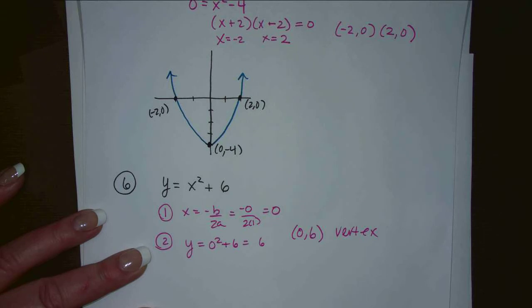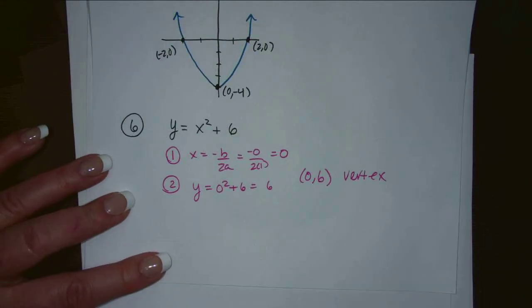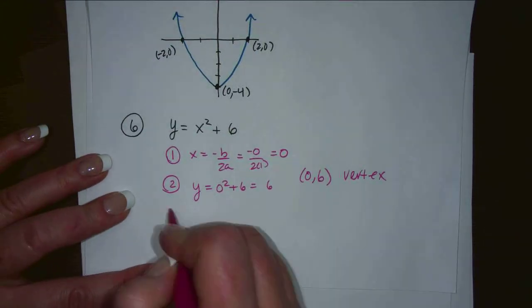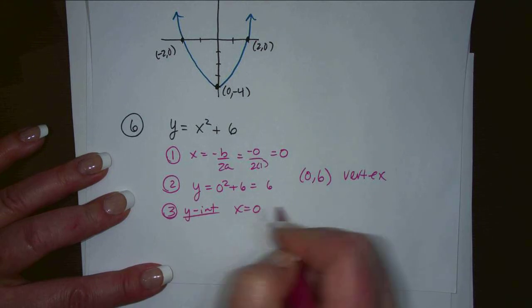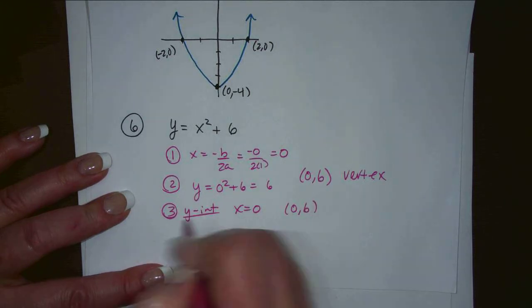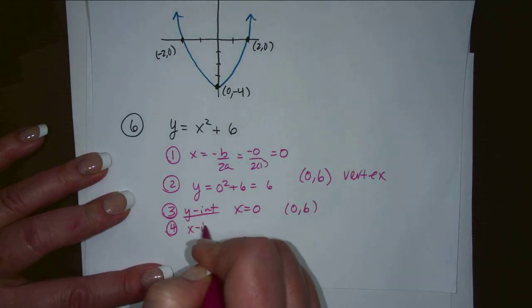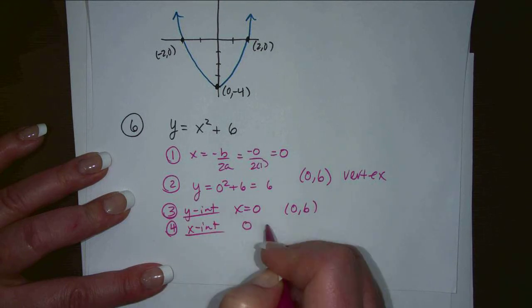Y-intercept, that is the y-intercept, x is 0. Right, so the y-intercept, if we let x is 0, well, we already found it, 0, 6. 4 is the x-intercept. Let y equal 0.